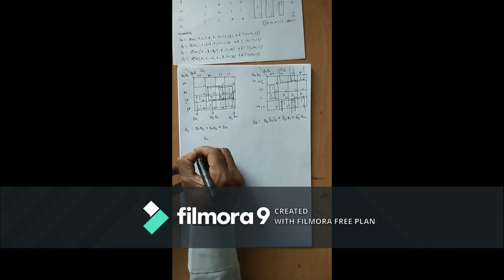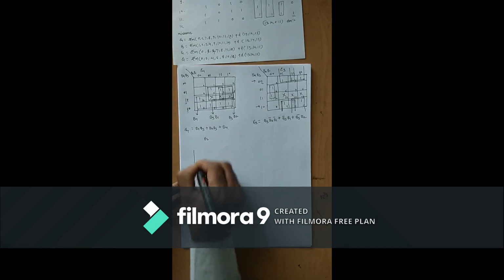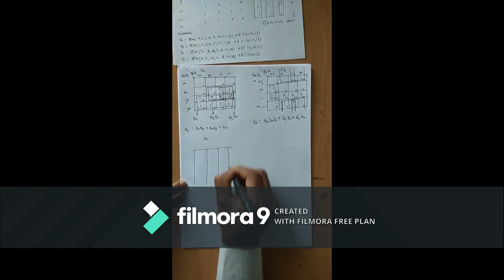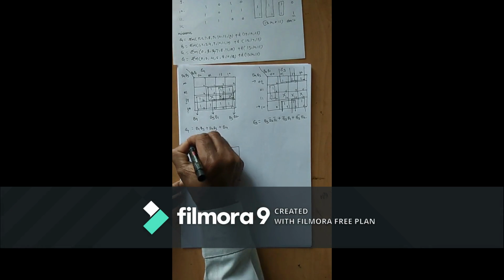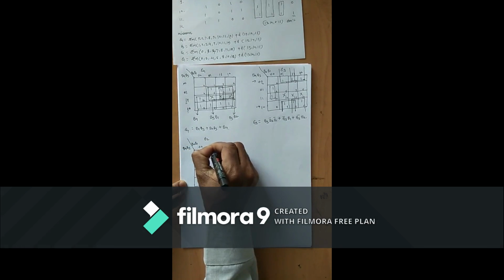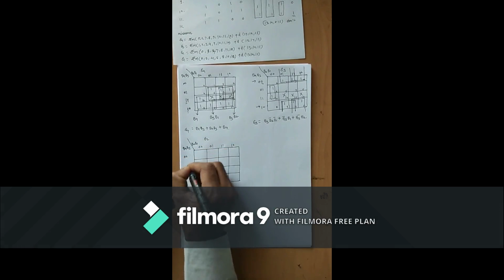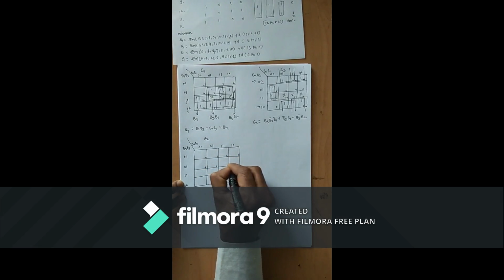Then E of 2. For E of 2 we need another 4 variable K-map.